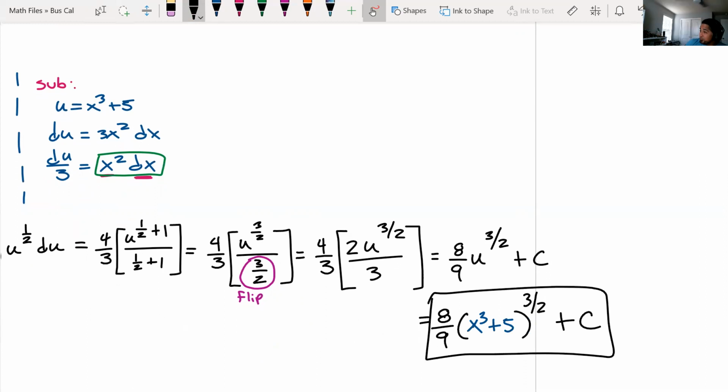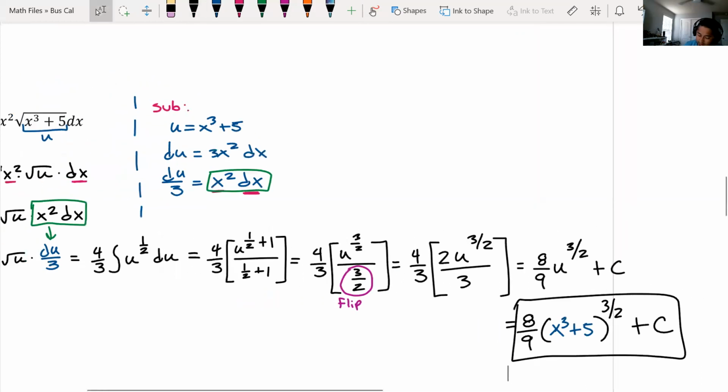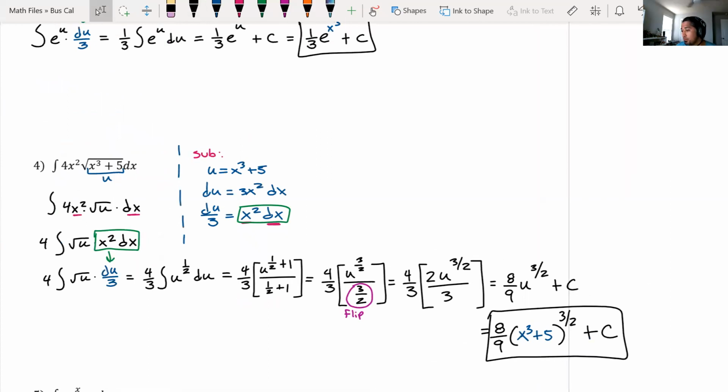Oh, and of course, if you ever wanted to check your work, you would just take the derivative and see if it gets you back to the original problem. All right. I don't know what's prettier, the question or the answer on that one. The answer is definitely prettier.